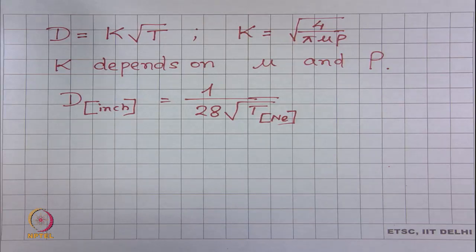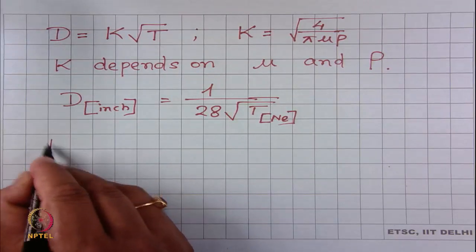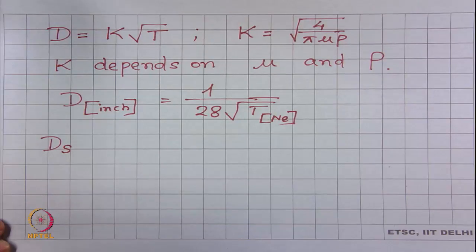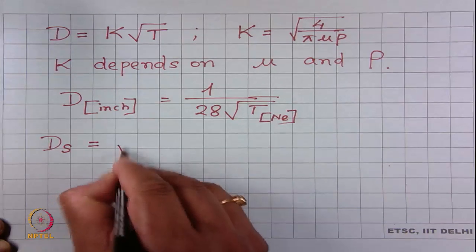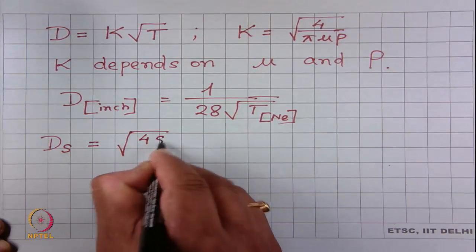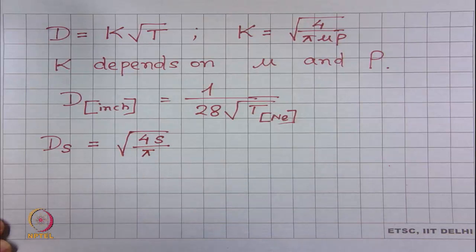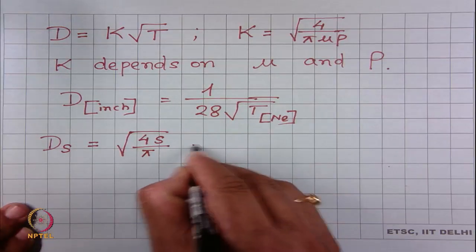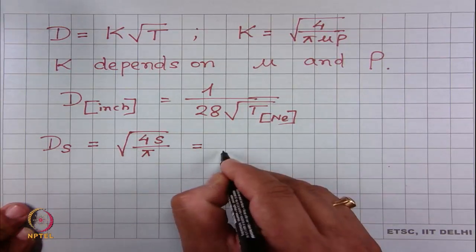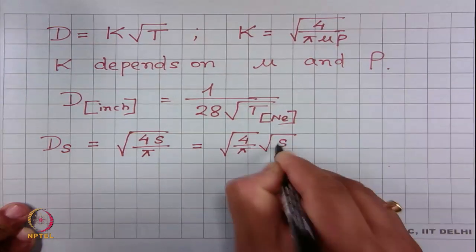All right. Now, we go back to our relationship of substance yarn diameter. ds is root over 4 s by pi, into s.